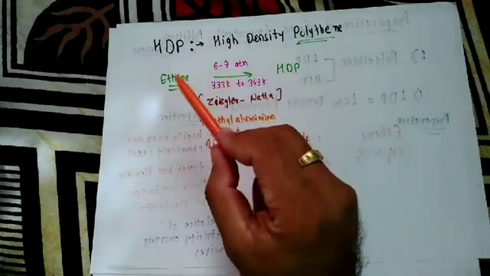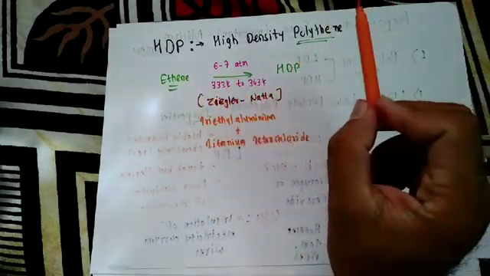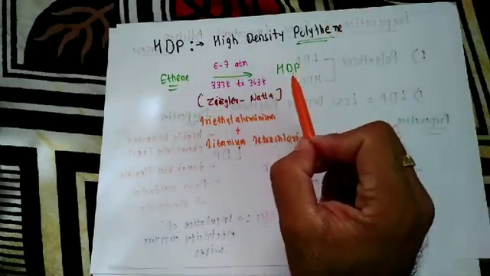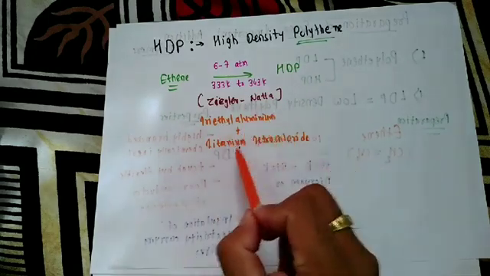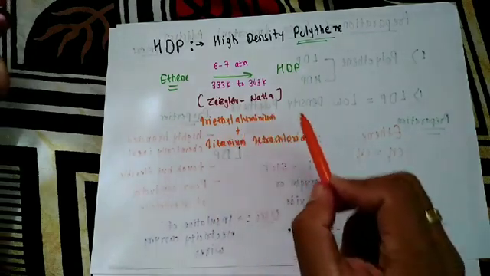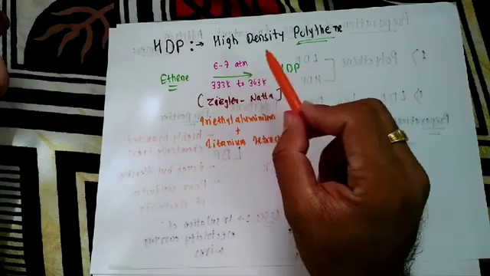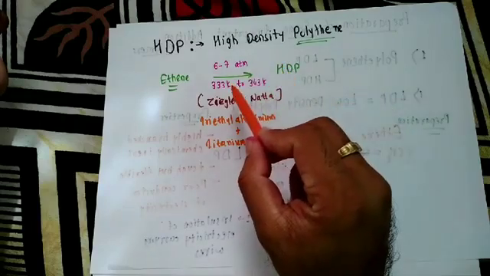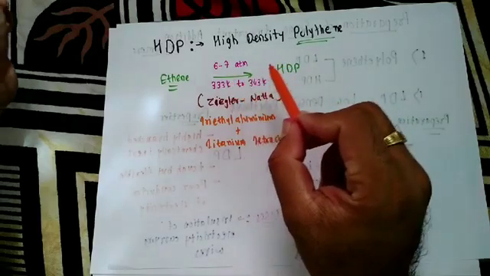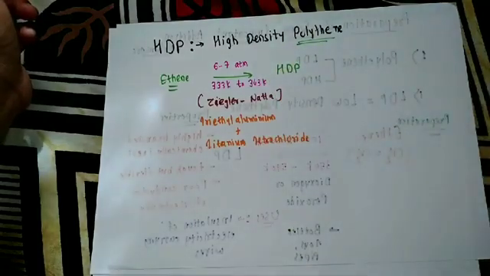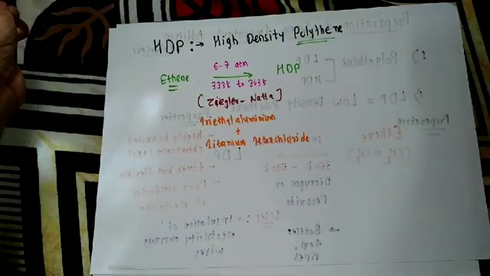So for the conversion of ethene into HDP, we require Ziegler-Natta catalyst, lower pressure of 6 to 7 atmosphere, and a temperature range of 333 Kelvin to 343 Kelvin. Now, this is the preparation of HDP.